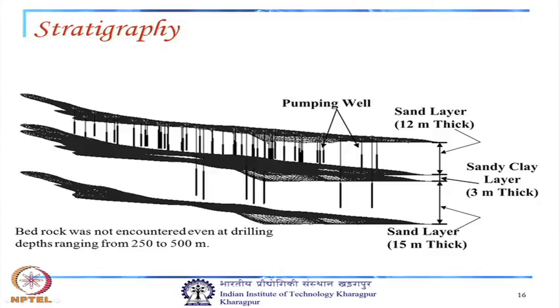So, we have considered the top portion only for modeling. First, we have considered a 12 meter thick sand layer, then a 3 meter thick sandy clay, and the last one is a sand layer with 15 meter thickness.